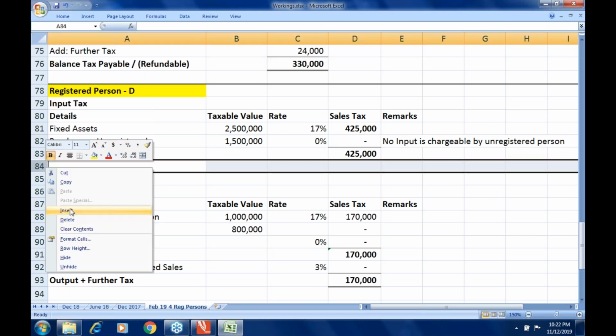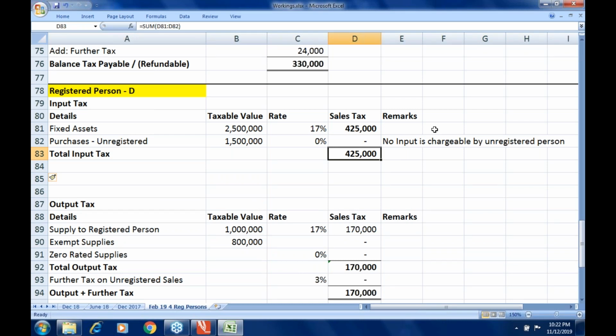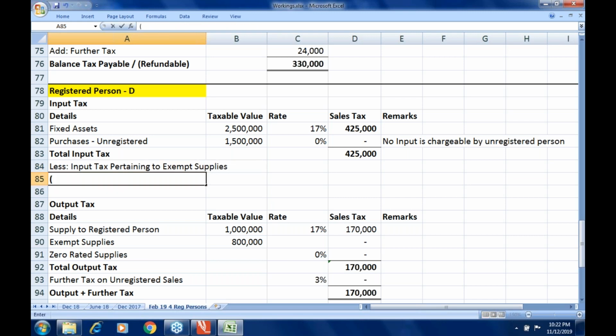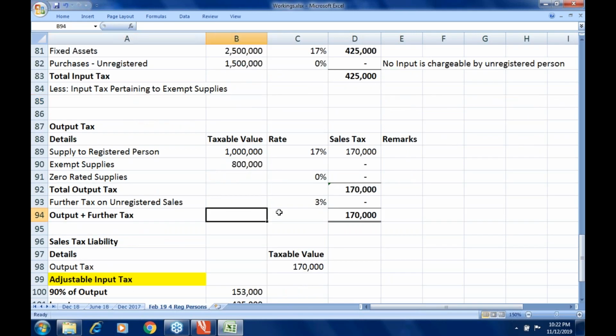The input tax is 425,000. Now we are going to less input tax pertaining to exempt supplies.